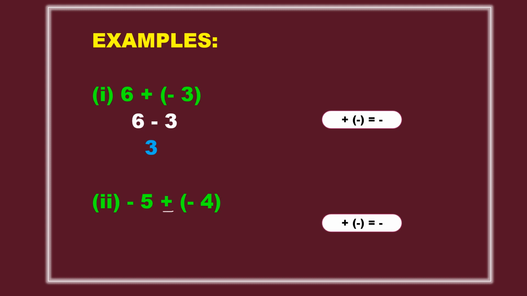Here plus is there and the bracket means it is into. So plus into minus is minus, because who is the friend of different symbols? Minus. Okay, so minus 5 minus 4. I'll remove these two symbols and the bracket. So by removing you'll get minus. So you should put minus.